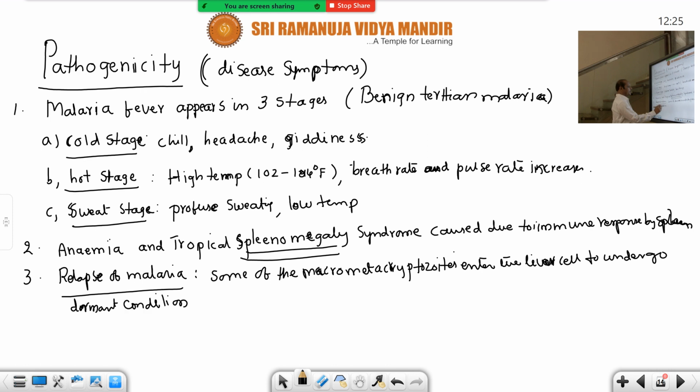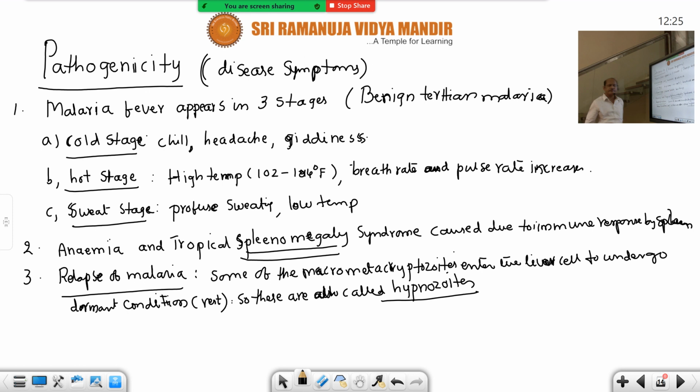So these macrometacryptozoites are called hypnozoites. Hypno means rest, sleep, meaning dormancy. Hence they are called hypnozoites. Hypnozoites should be underlined.